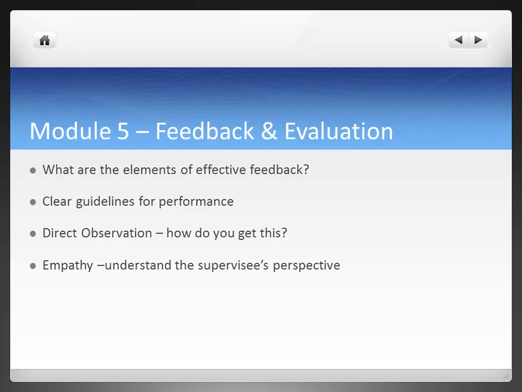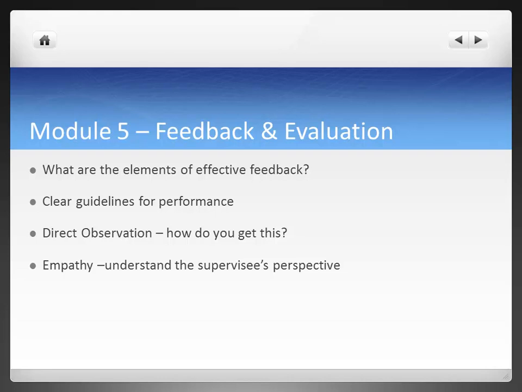Another important element is direct observation. So beginning to think about how it is you will have direct observation of your student so that you can provide feedback. Oftentimes, the feedback that we're providing students is based on what students have self-reported to us about a particular situation or some work that they have done.